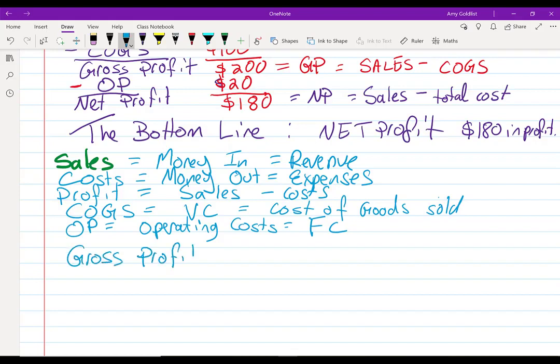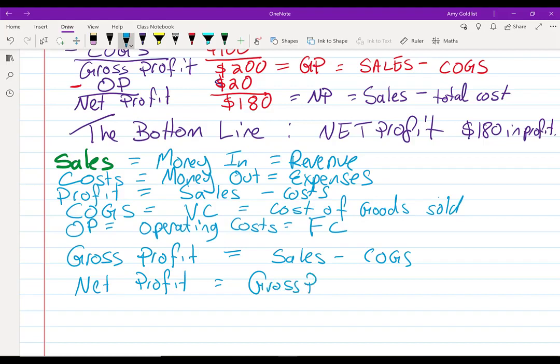Finally, we've got gross profit, which is going to be sales minus cost of goods sold. And then we have net profit, which is going to be gross profit minus operating expenses.